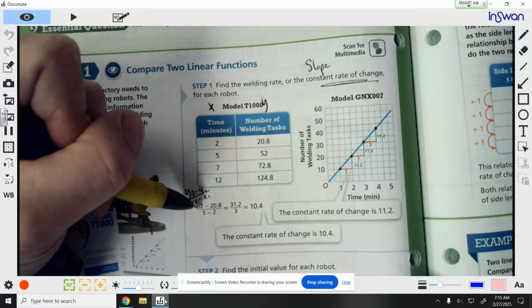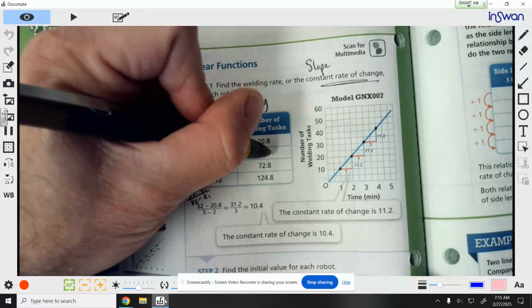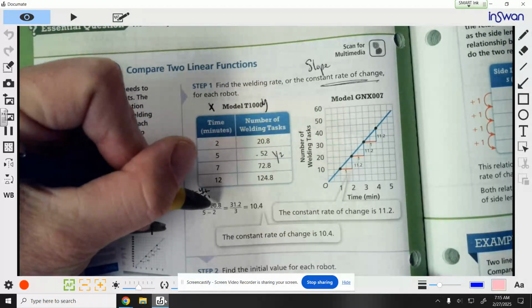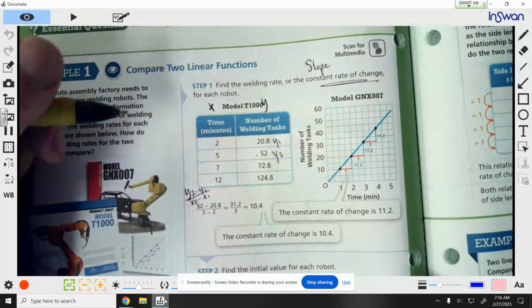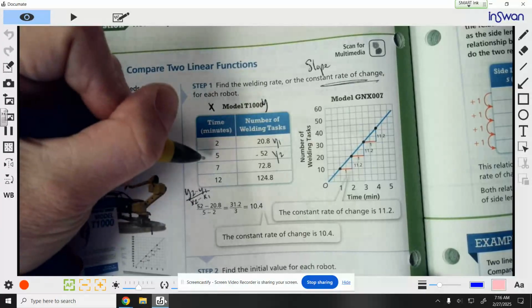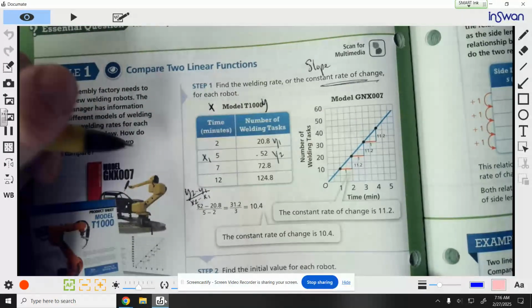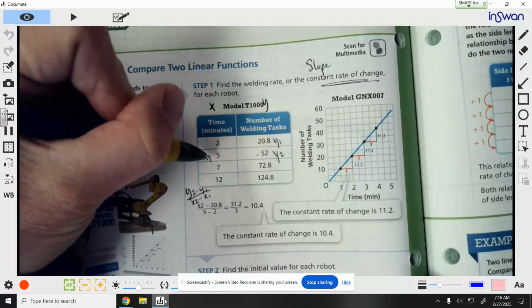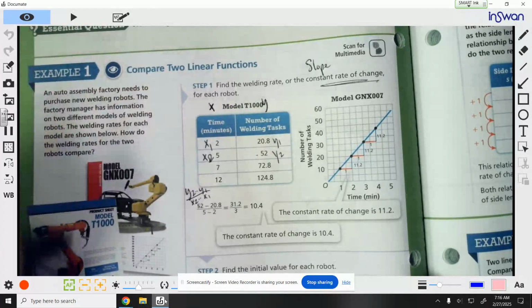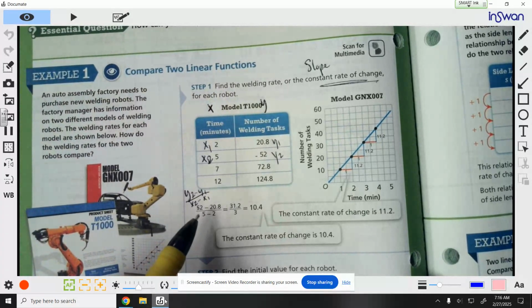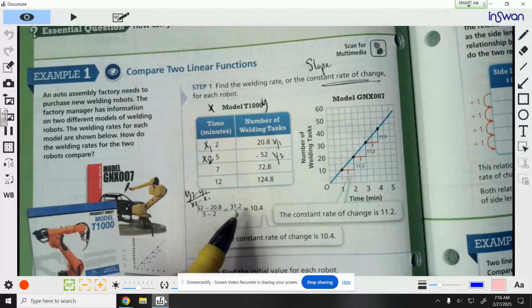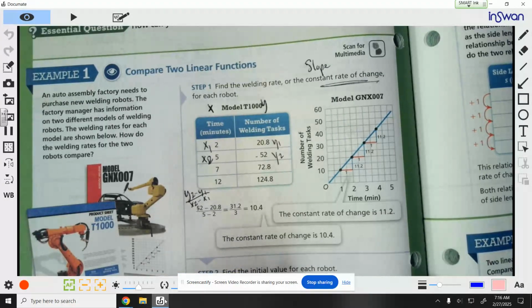And we see this 52, which is represented here. That's our y sub 2, minus 20.8, that's our y sub 1, over 5, minus 2. I'm sorry, that was x sub 2, minus x sub 1. So they do the calculations, they get 31.2 over 3, they divide that, they get 10.4.